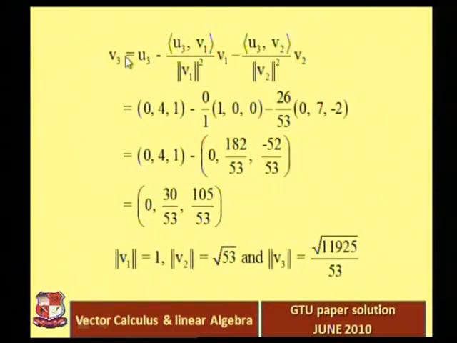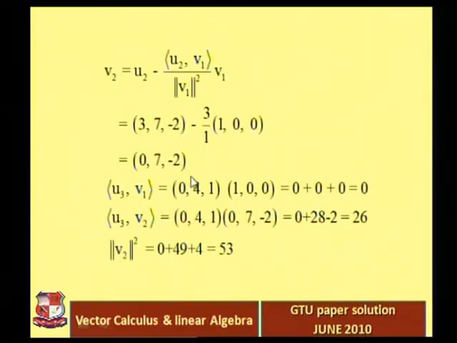V3 is equal to U3 minus inner product U3V1 upon norm V1 square into V1, minus inner product U3V2 upon norm V2 square into V2.